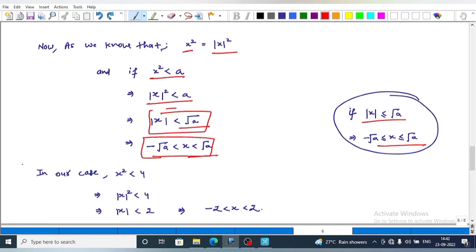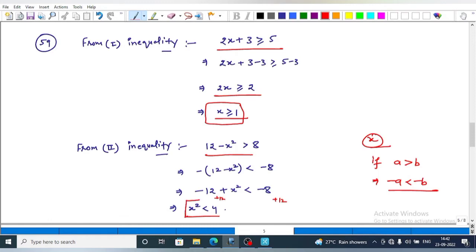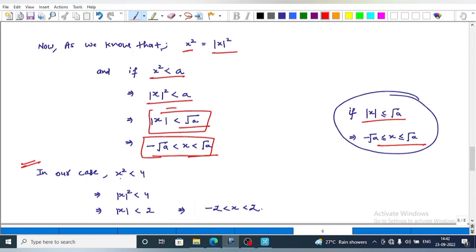Note this inequality. Note also, if in an exam you have this type of inequality, that is, if mod of x less than or equal to root a, this implies that minus root a less than or equal to x. Now from our last inequality, x square less than 4, this can be written as square of mod of x less than 4. This implies that mod of x less than root 4, and we know that this is equal to 2 because 4 is equal to 2 power 2.